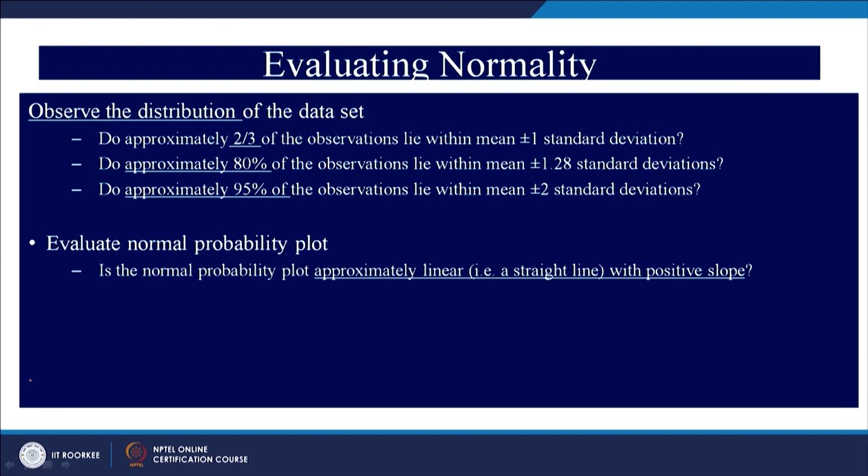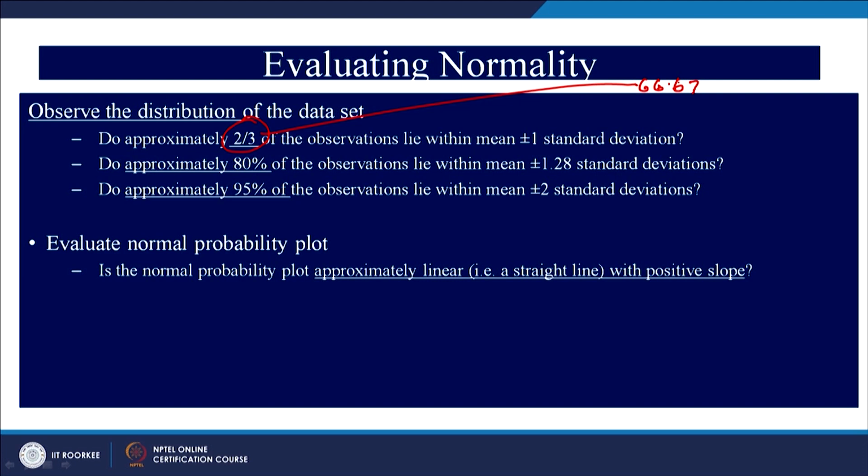Now, after looking at descriptive statistics and graphs and charts, you should observe the distribution of the data set. If approximately 2/3 of observations, or approximately 66.67% of observations, lie within one standard deviation, we will say it is normal data.